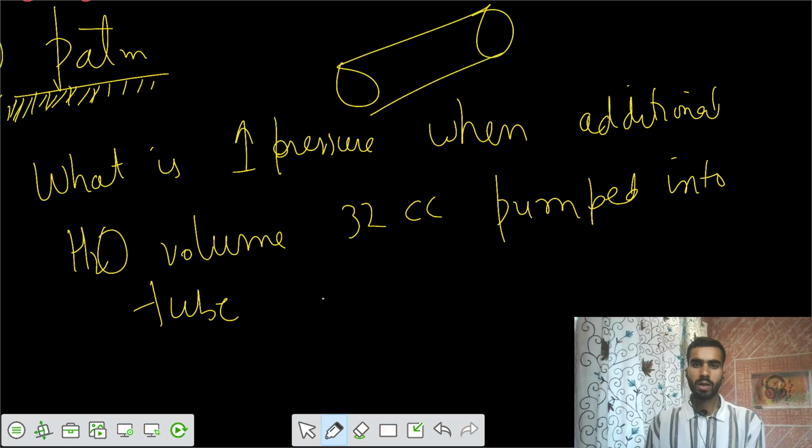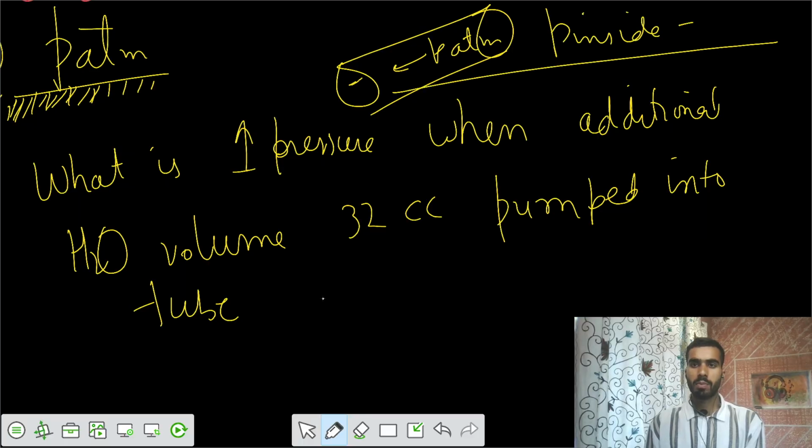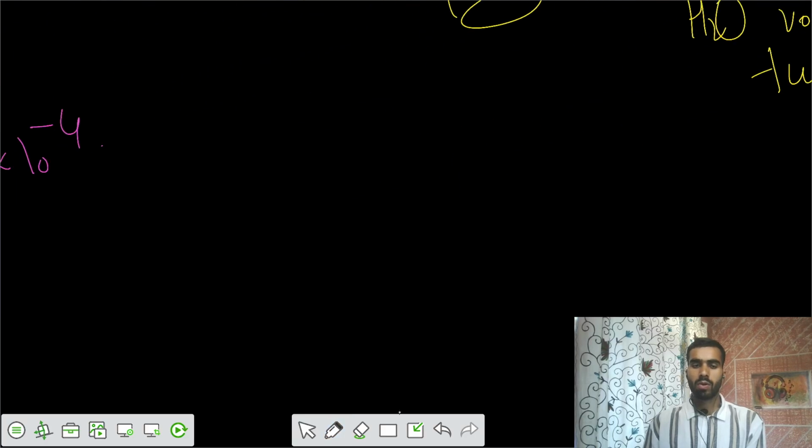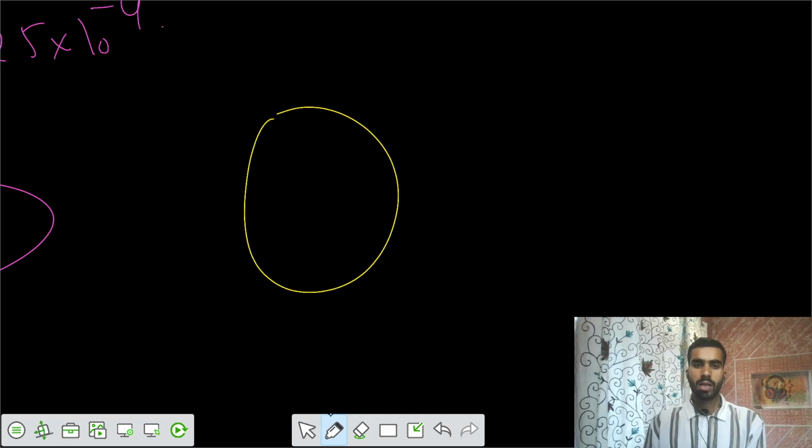Initially there was water, and the inside pressure was equal to the outside pressure, that is atmospheric pressure, P ATM.